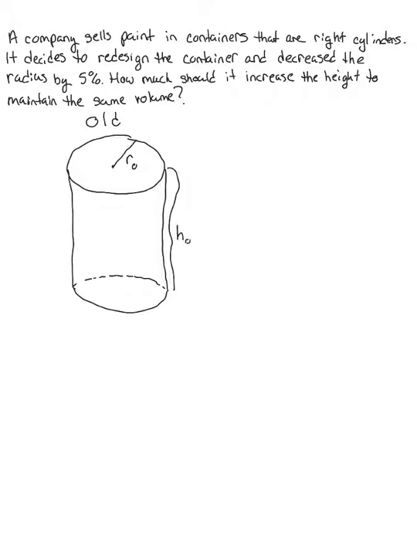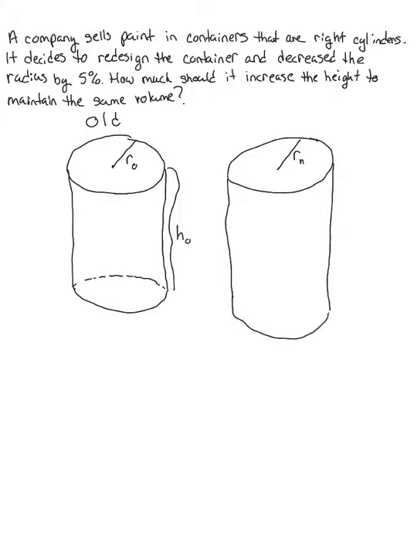It's going to have height HO. And then the new container is going to have a radius of Rn, for the new radius, and then it's going to have Hn as the height for the new one. So that's old, this is the new one.